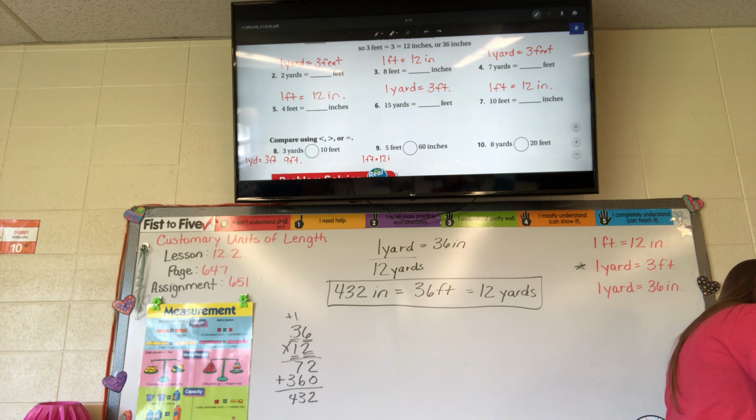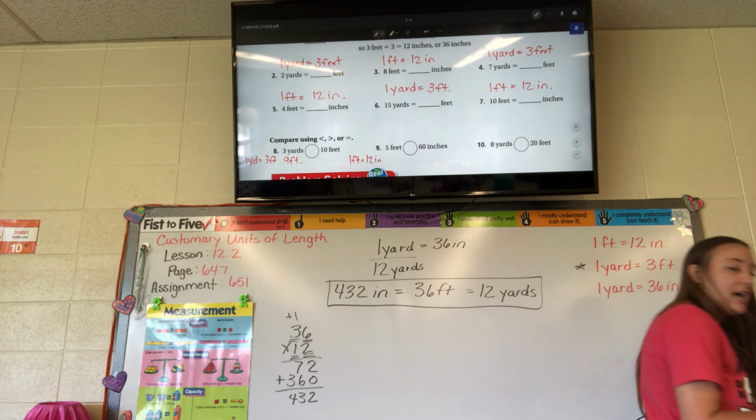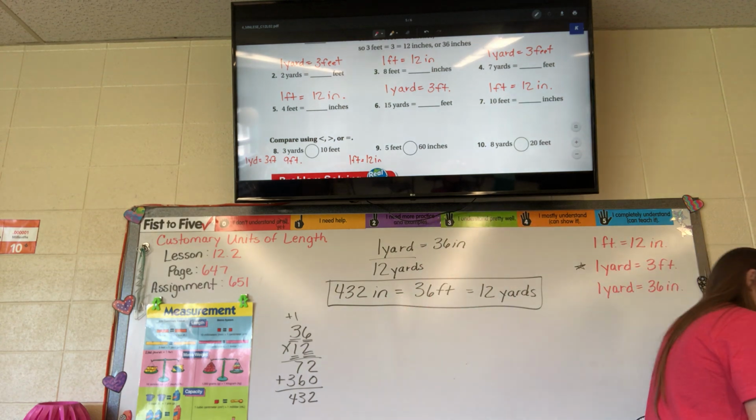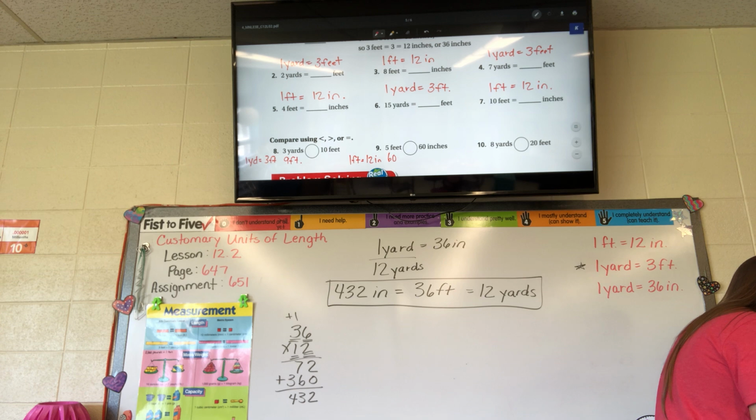Let me back up a little bit. Okay, hold on. I gotta scoot over a little bit. So 1 foot equals 12 inches. So then 5 feet would be 12 times 5, which would be 60 inches. And then yards and feet, so 1 yard equals 3 feet, so 8 yards would equal 24 feet.